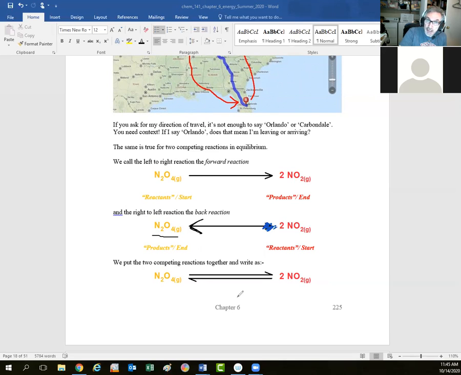It's a two-way street. And that sets up a very particular kind of chemistry, especially when it comes to changing temperature or pressure or adding or removing chemicals and how it affects the rates of the reactions. But we'll talk about that on Friday.